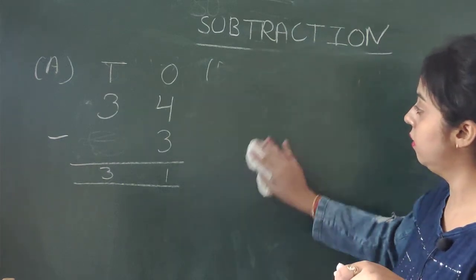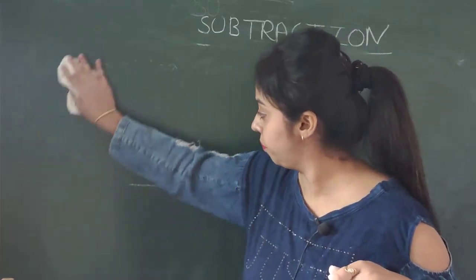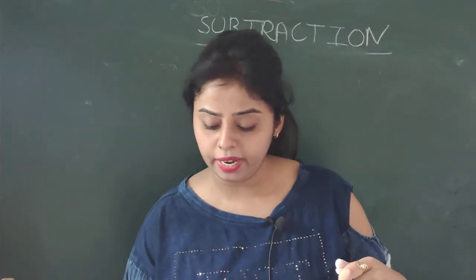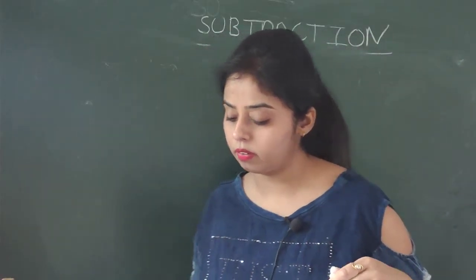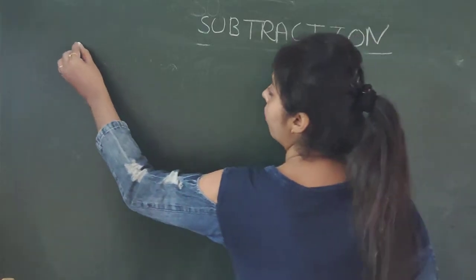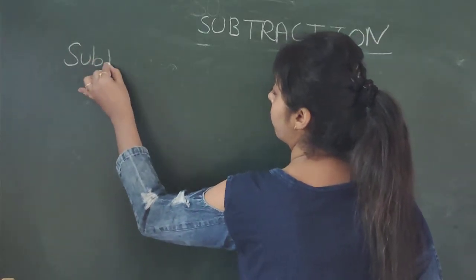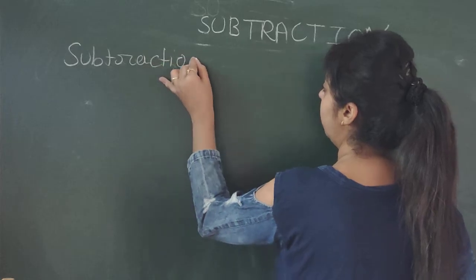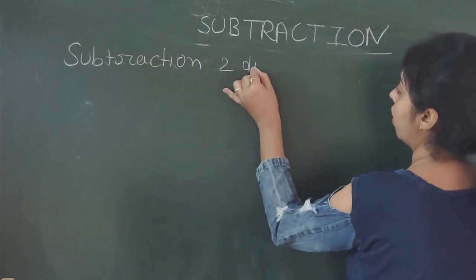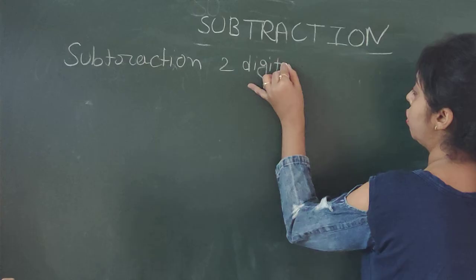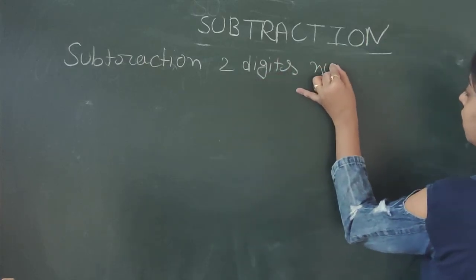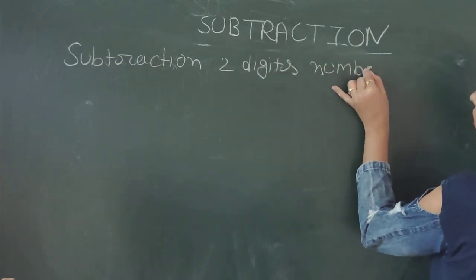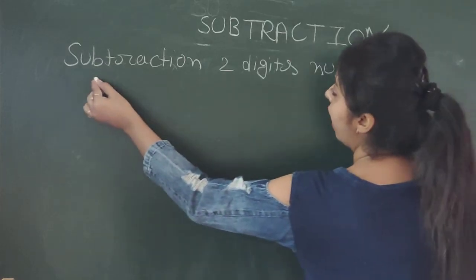Next one is subtraction of 2 digit numbers without borrow.